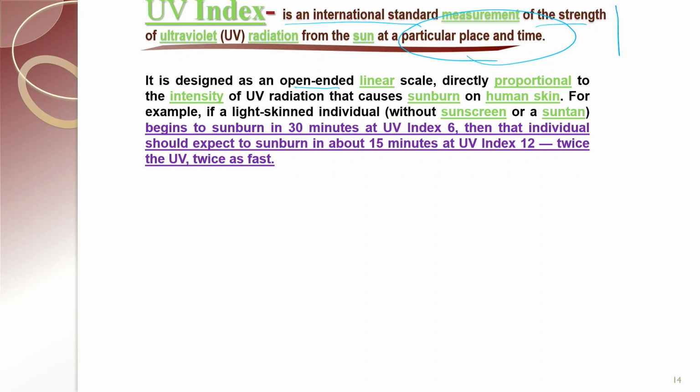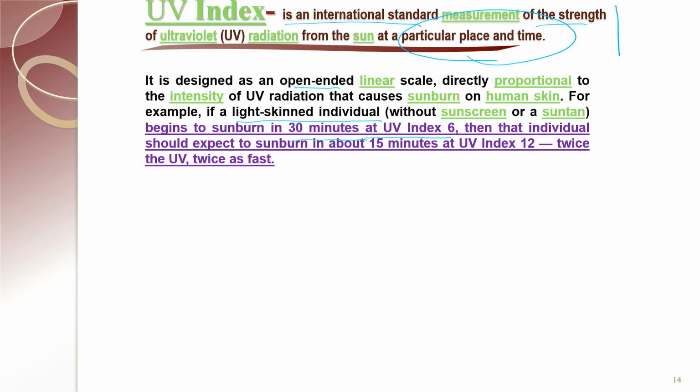For example, a light skinned individual without sunscreen or suntan. Why do we need light skin? Because there the color change will be visible. Begins to sunburn in 30 minutes at the UV index of 6.